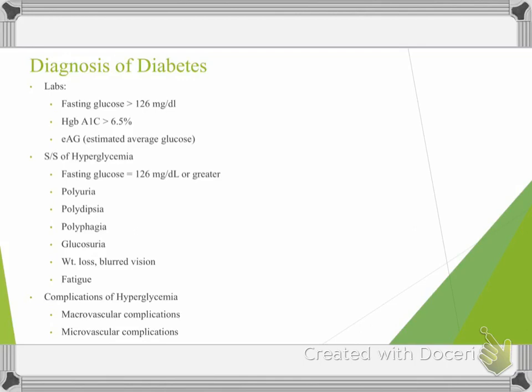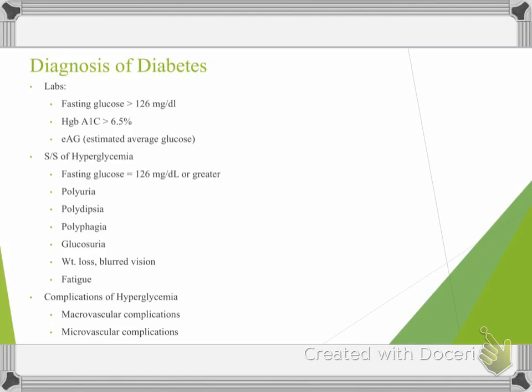It's something they're thinking about changing, from using A1Cs to using EAGs, because patients seem to better understand EAGs. They understand that a 154 is not good, it's too high, whereas a hemoglobin A1C of 8, they don't really get it that much.